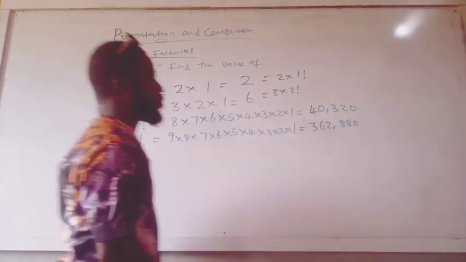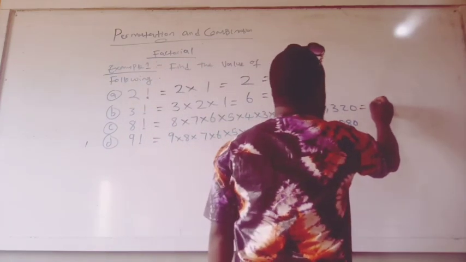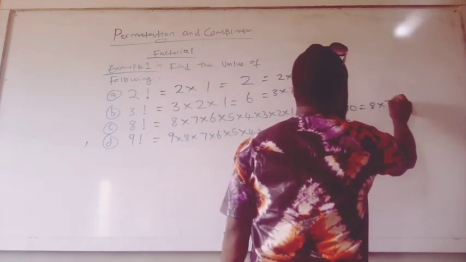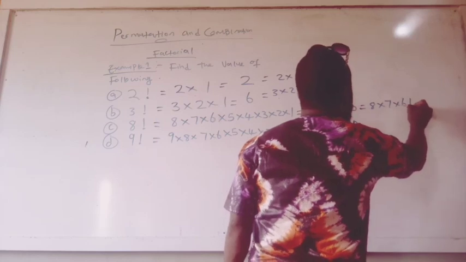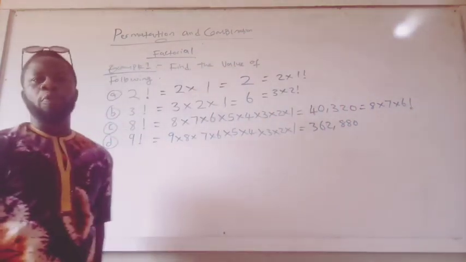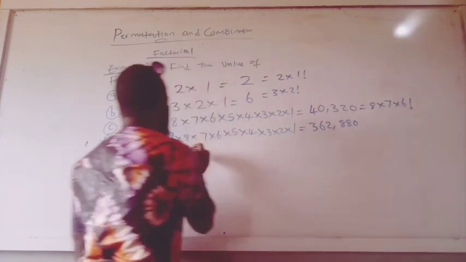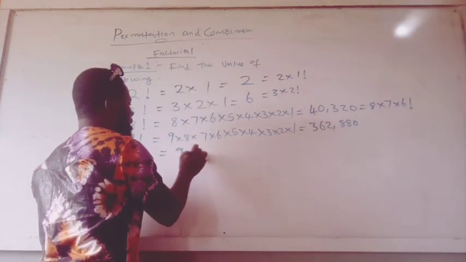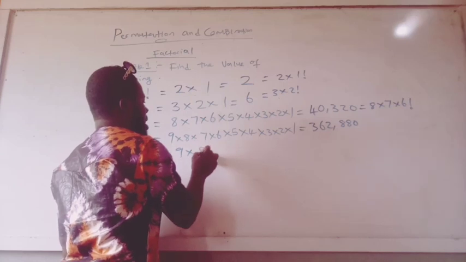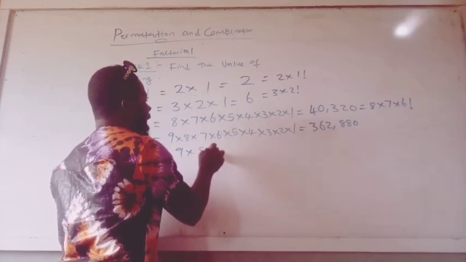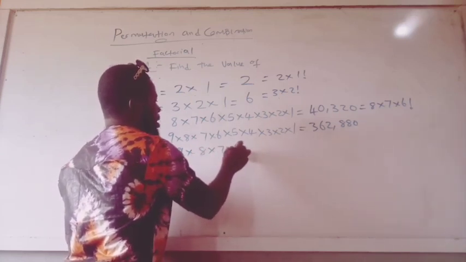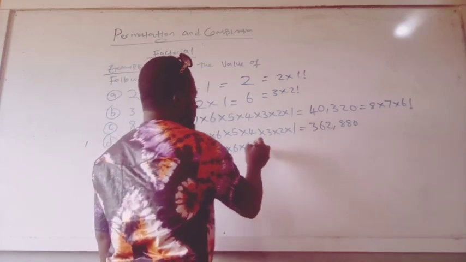Likewise, 8 factorial, I can write as 8 times 7 times 6 factorial. Wherever you stop, you put a factorial. Then let's say you're doing 9 factorial. I can have it as 9 times 8 times 7 times 6 times 5 factorial.